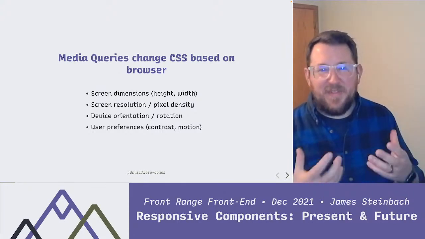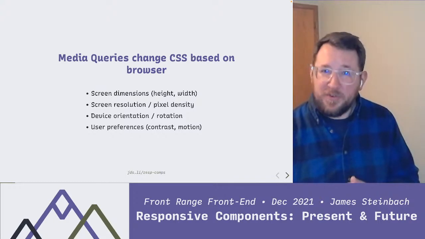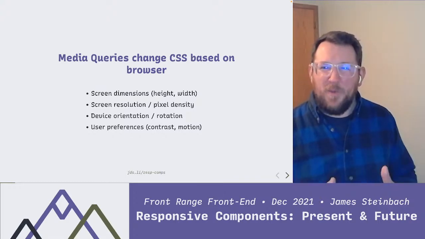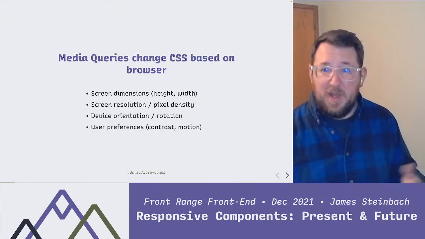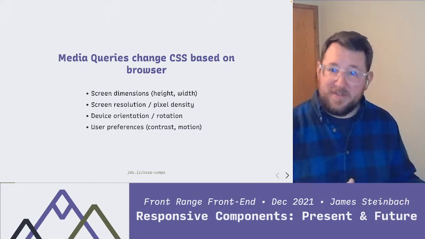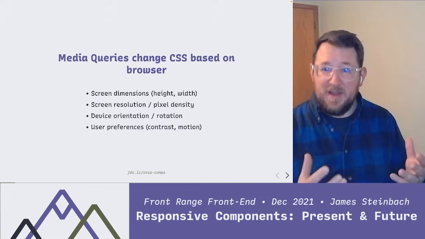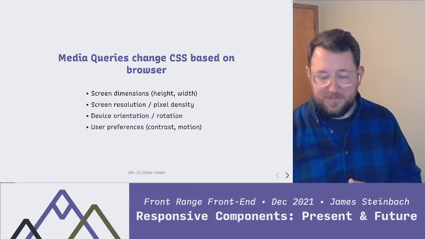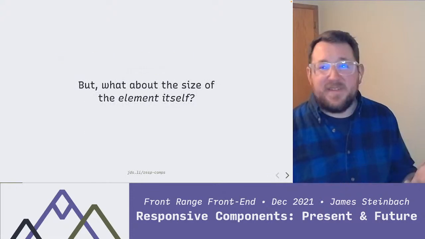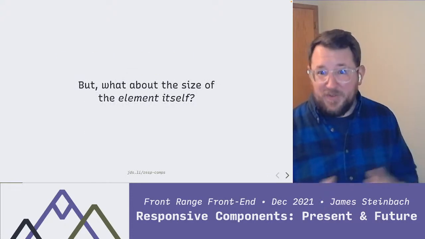But sometimes the things that are true about the state of the browser itself are not what we want for styling a given component. What we really want is components that we can style differently based on their own height, width, or similar attributes. What about the size of the element itself was the big question we came up with.